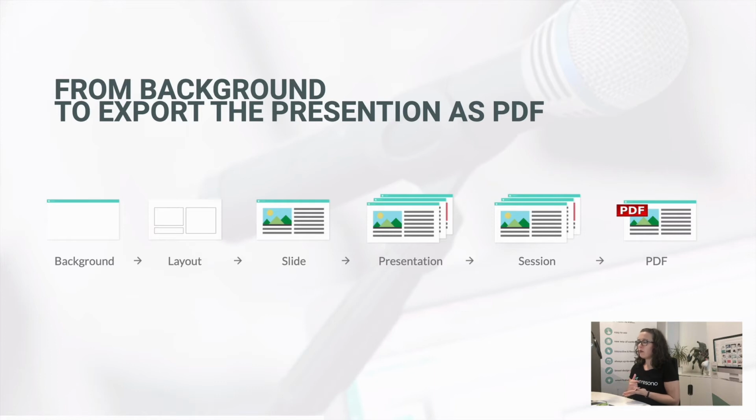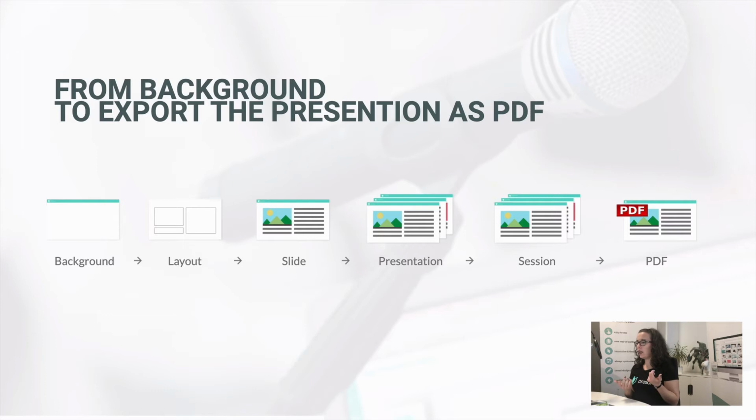What do I mean by a process? You can actually put some roles on that process. To give you an example, the marketing team is responsible for the design. So they create the templates. They create the background and the layout templates, and they will take care of everything that has to do with the design.